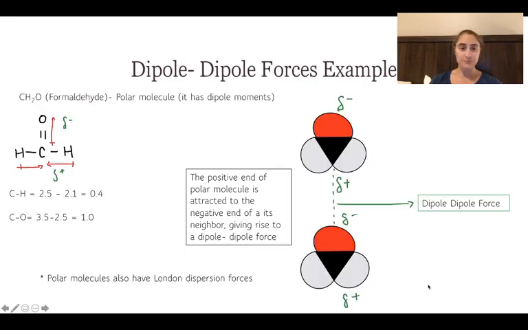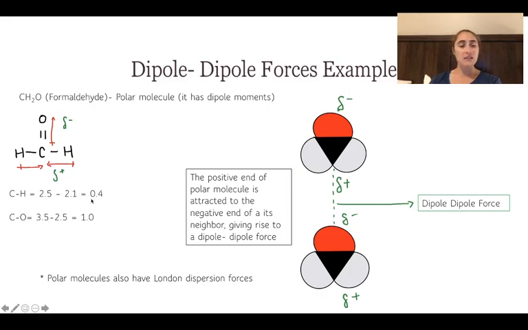Let's look at the example of CH2O, that's formaldehyde, and this is a polar molecule, meaning it has dipole moments. I went ahead and drew this out for you here. Here is the Lewis structure for it. The bond between C and H has an electronegativity difference of 0.4, and between C and O, it has an electronegativity difference of 1.0.